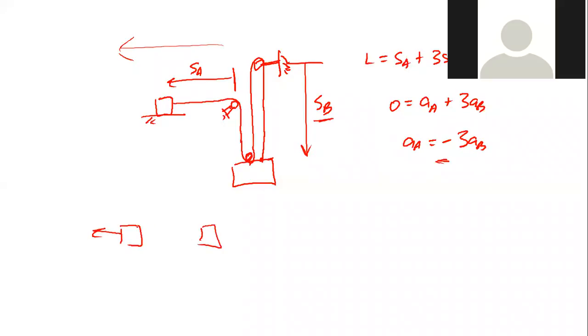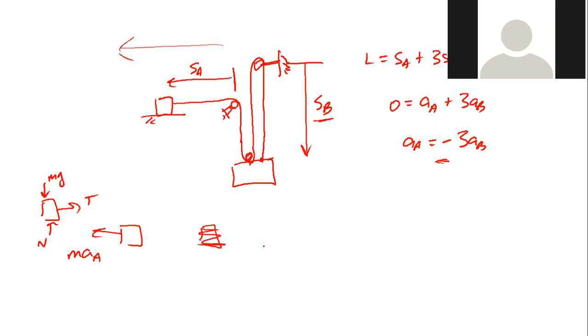So if I set up, actually, let me do it this way. If I had set up my free body diagram where I said, well, acceleration of A is equal to this, MA is going that way, that's my T, and then I've got N and MG, right?